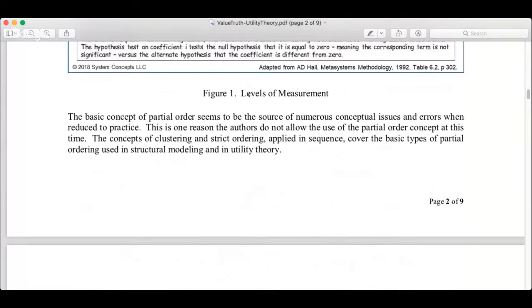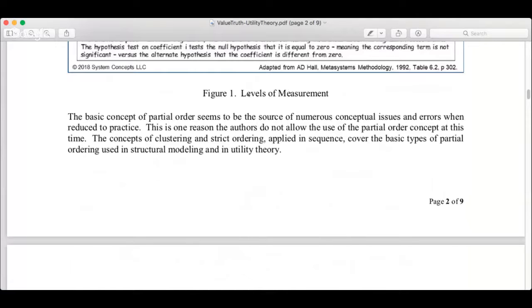So if we do a sequence of these activities where we're discovering an unknown system, in the discovery mode in systems, and we first do clustering and then do strict ordering, you don't have to address the idea of partial order. But again, I think there are more subtle and powerful types of concepts going on here.